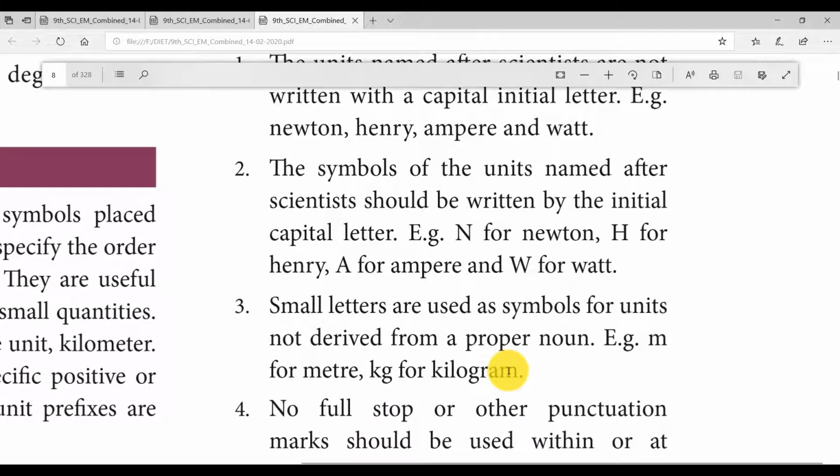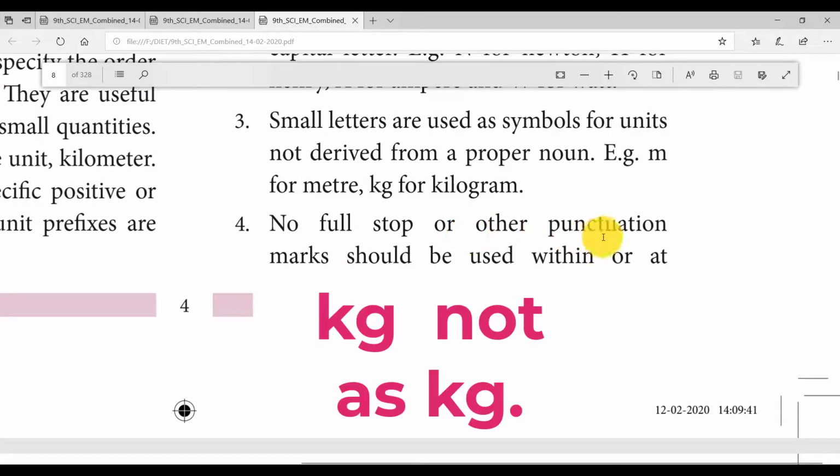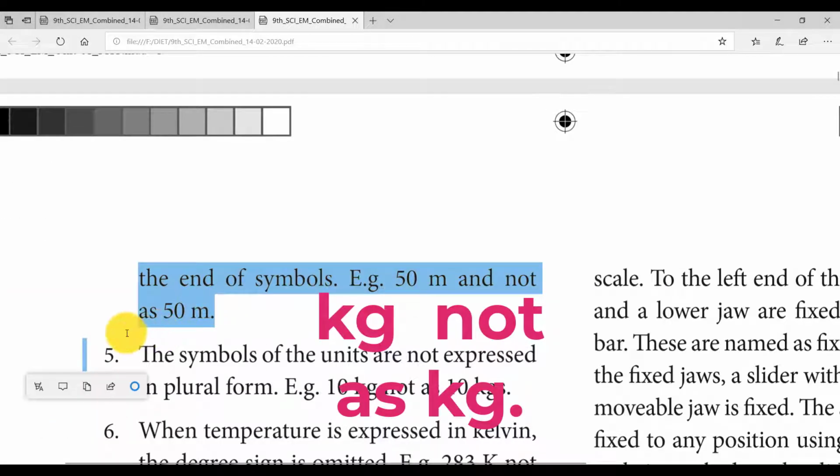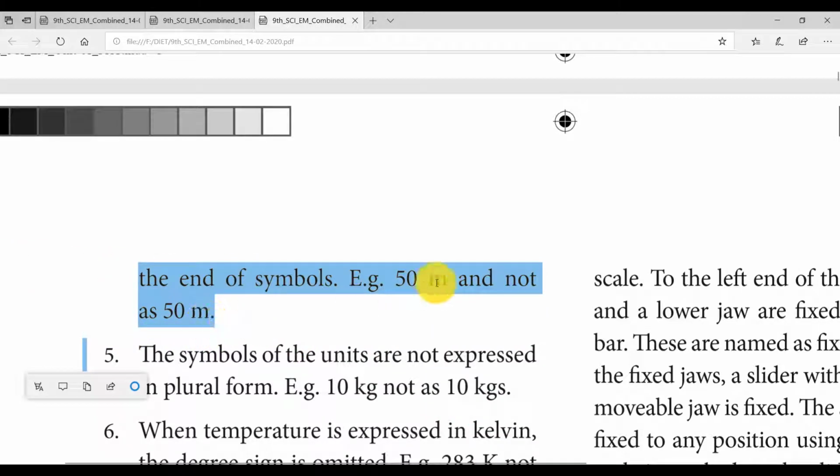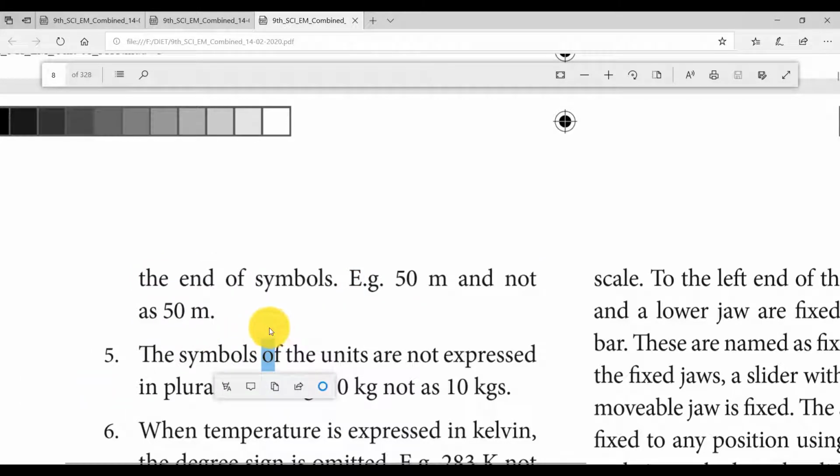You can use it like this. Then no full stop or other punctuation mark should be used within or at the end of the unit symbol. See here, it is 50 m only. You should not write it as 50 m full stop.